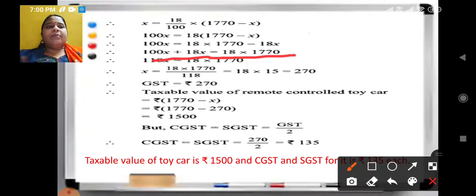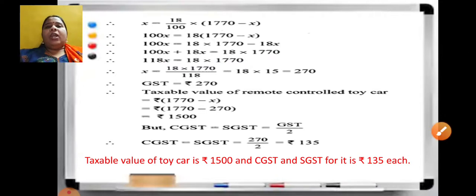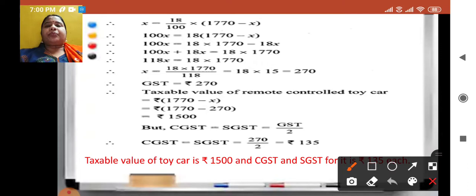So that is nothing but 118x, 100 plus 18, 118x, right, is equal to 18 into 1770. From here x can be calculated. How to calculate x? Just see, x can be calculated as 18 into 1770 upon 118.